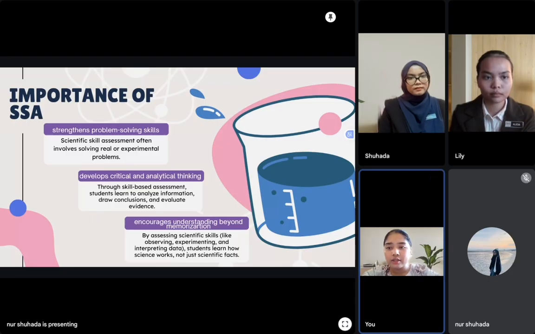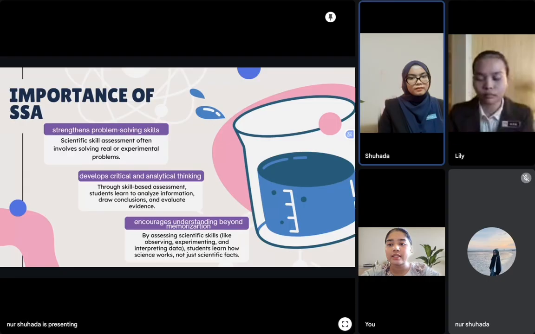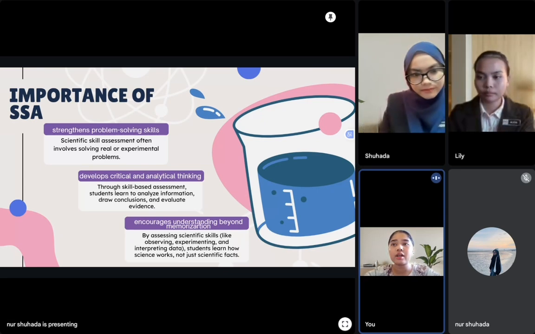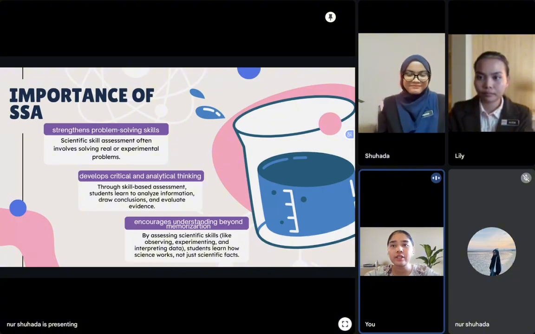First, to strengthen problem-solving skills. Scientific skill assessment often involves solving real or experimental problems, which helps students develop the ability to solve real-world and experimental problems by applying the scientific method. Instead of just recalling facts, students are encouraged to think logically, identify problems, and find solutions through investigation.